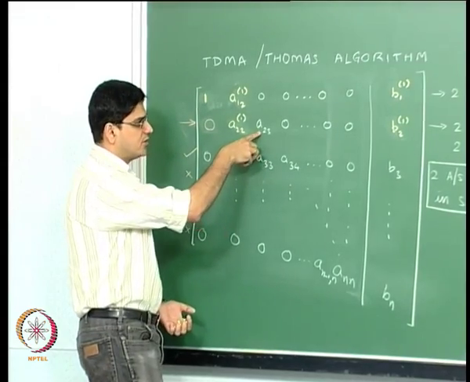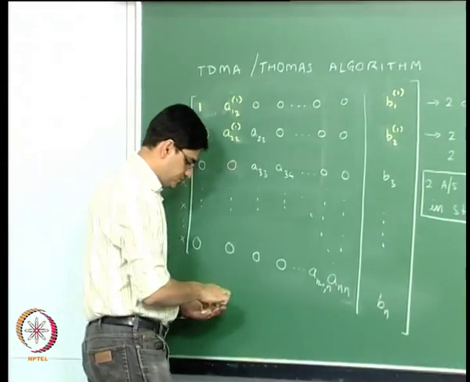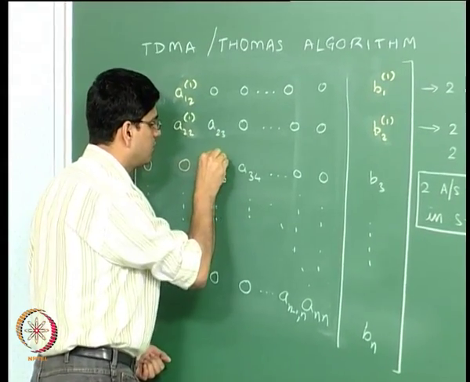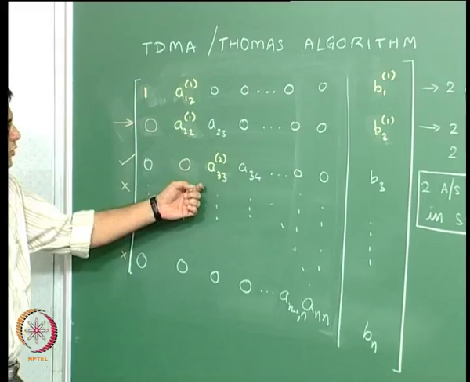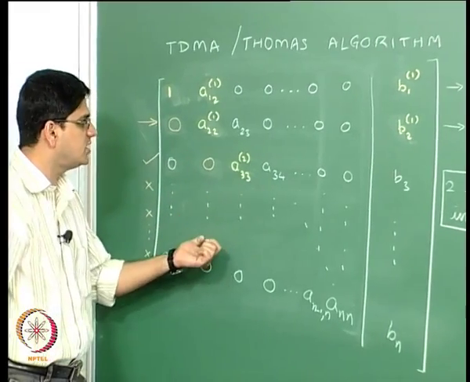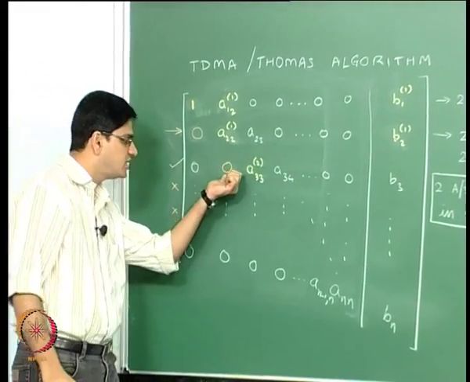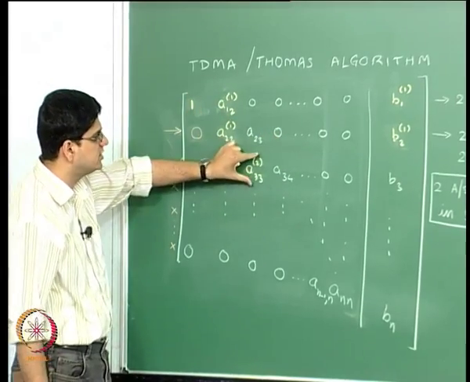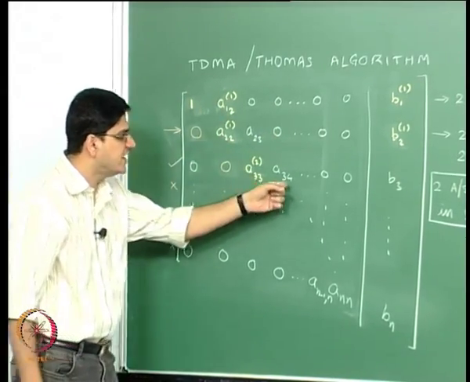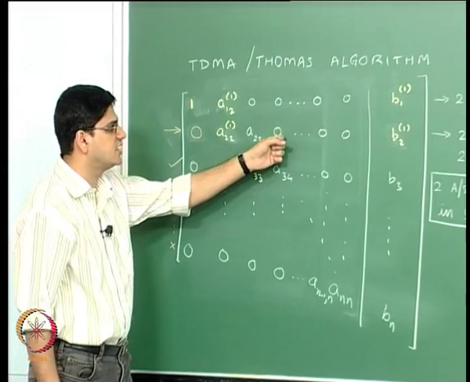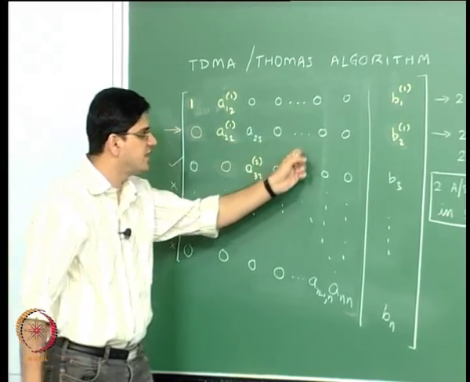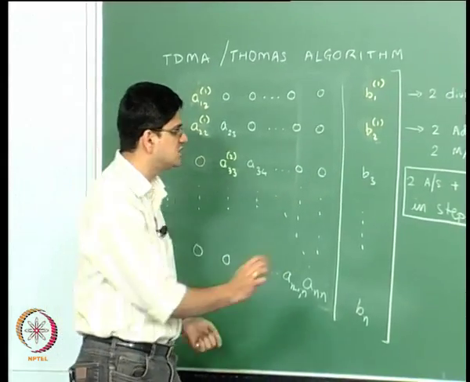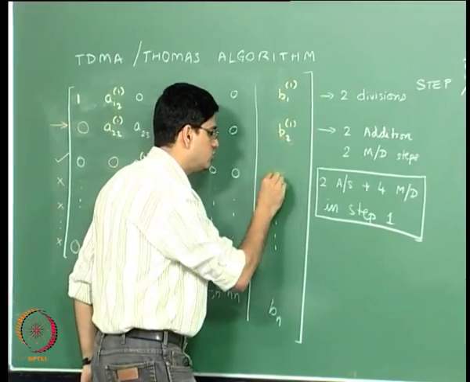A33 will change because this is a non-zero element. And A332 is going to be nothing but A33 minus A32 multiplied by A23, exactly the step that we did over here. A similar step will be done over here. A34 does not change because the element over here is 0, rest everything is 0, so none of these values change, and the only other value that changes is B3 becomes B32.